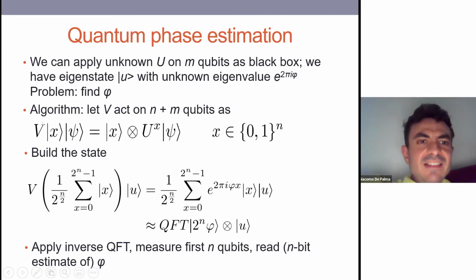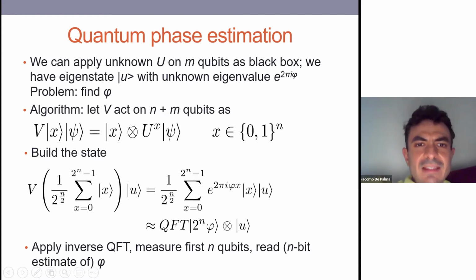So what V does is that it reads the value of the state. It considers this label of the basis vector of the auxiliary qubits as a number in binary form, as we have done before.